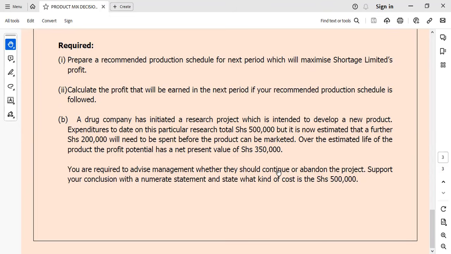When you look at this information, you'll see that we have the research costs that were incurred. Now, these are sunk costs. The shillings 500,000 is a sunk cost. I'm going to explain what a sunk cost is, but this is a sunk cost.